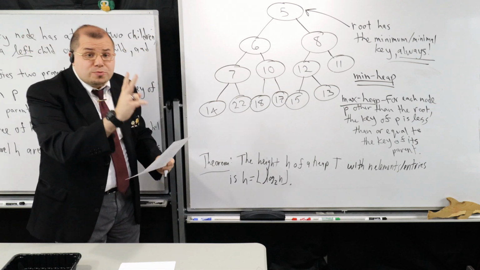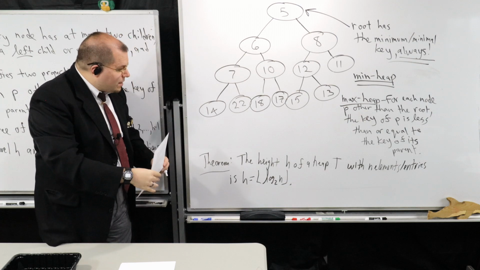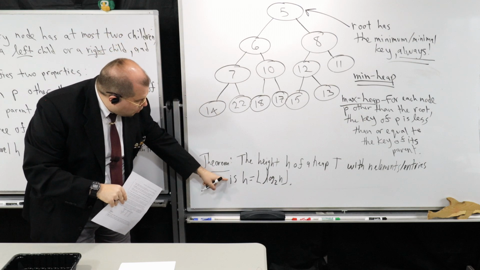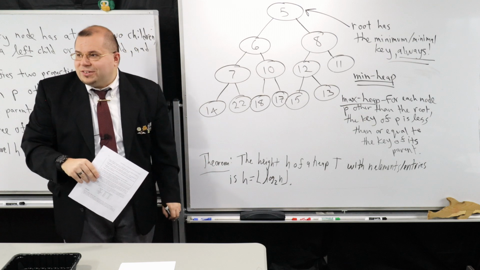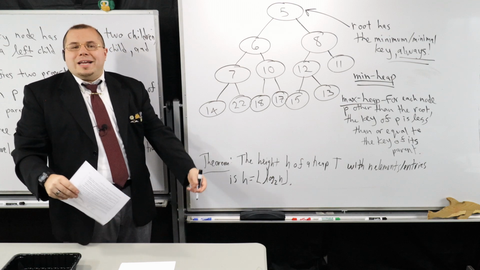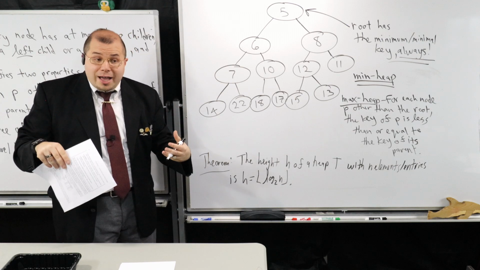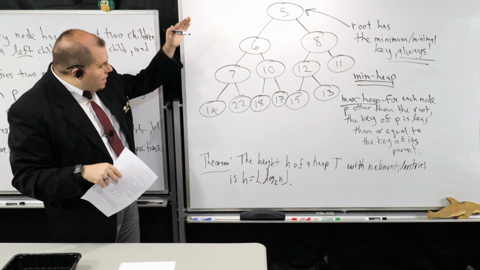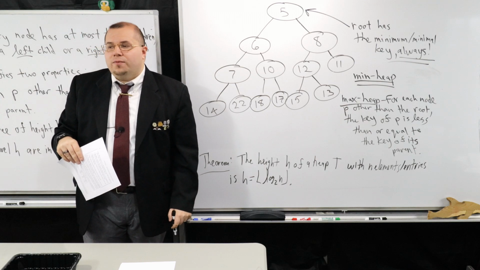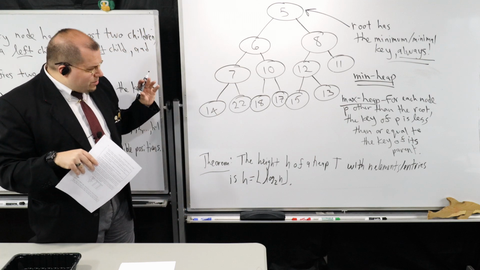As long as I have these two properties, I can guarantee you that the height of this heap is no more than the floor of log base 2 of n. So we're going to make sure we always keep those two properties in order, and if we can do that, we can guarantee that the height is always going to be big theta of log n. Does everybody understand the game plan?